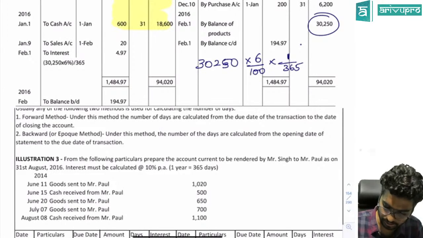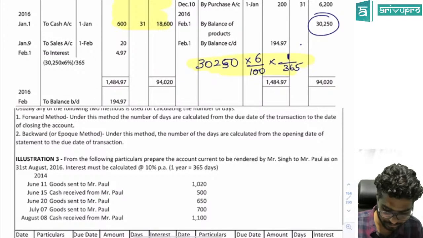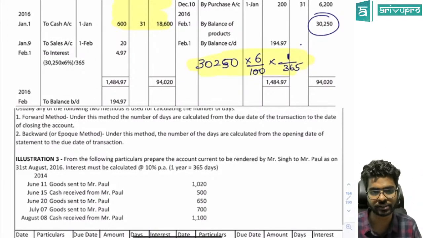Are you guys clear? See here, 30,250 into 6 by 100 into 1 by 365. Are you clear?